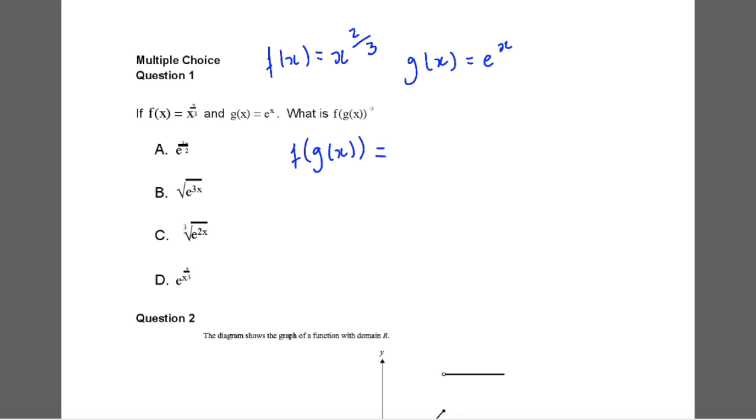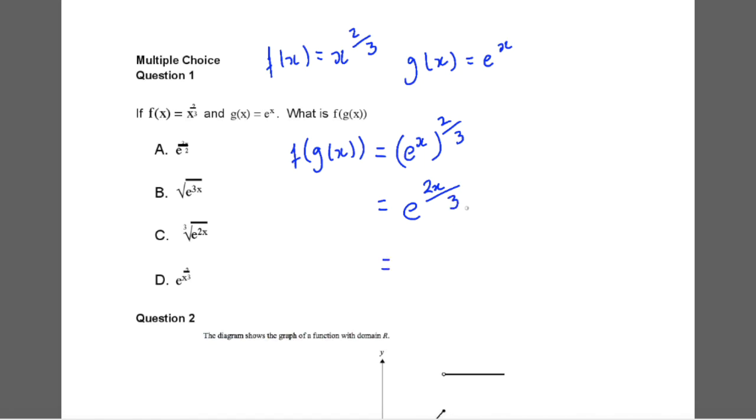So that's going to be, well, there's an x here, so that needs to become e to the power of x to the power of 2/3. Okay, hopefully now we can simplify it down, and we can use our index laws. That's going to give us e to the power of 2x on 3.